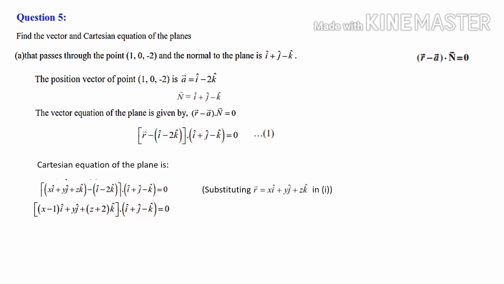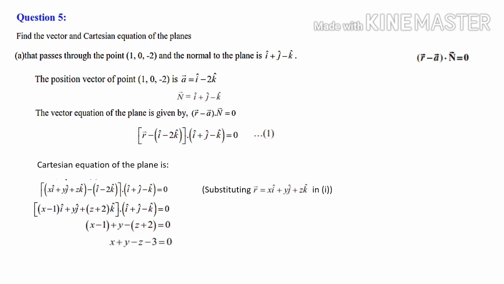We know that we just multiply the scalar components: here x - 1 and 1, here y and 1, and here z + 2 and minus 1. That is (x - 1) + y - (z + 2). Minus (z + 2) comes because here is z + 2, here minus 1; when we multiply, minus (z + 2) equal to 0.